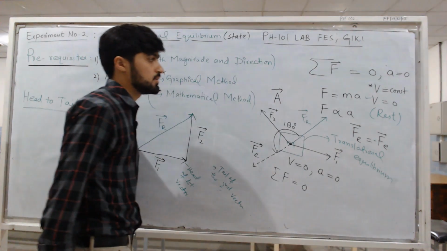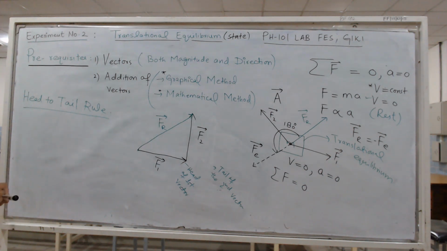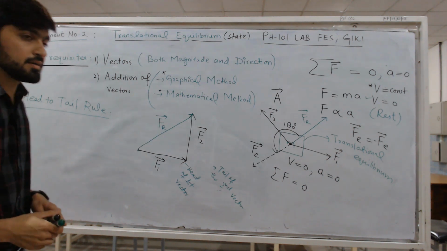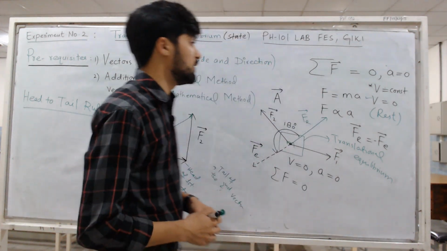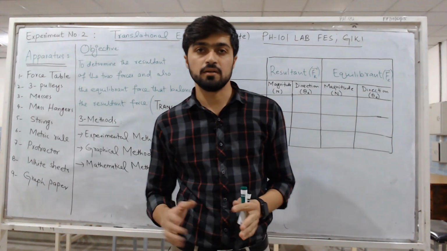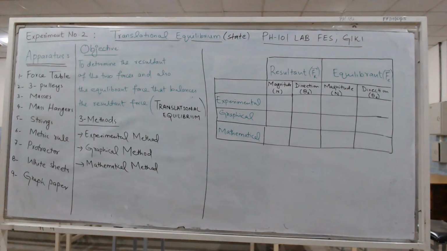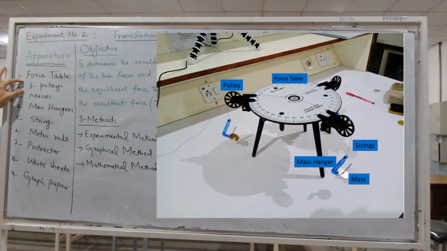I think this is enough for the prerequisites, and after the prerequisites we will be discussing the apparatus that will be required for our experiment, and then we will proceed. Now the apparatus required for our experiment is what we will be using. The first one is the force table, where, as you can see, we need 3 pulleys that are adjustable.